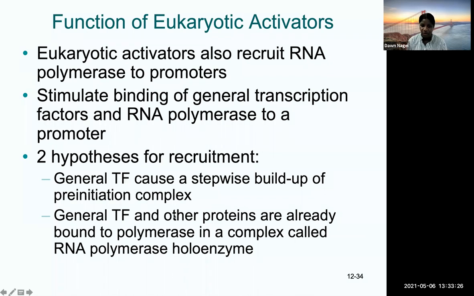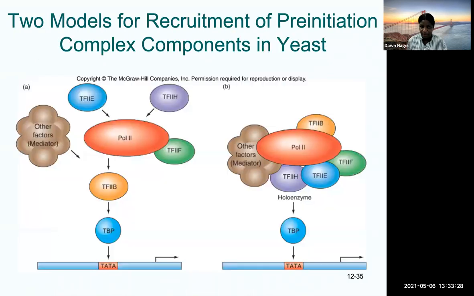Okay, so in the case of these eukaryotic transcription activators, we know that there's two models, and there's examples of both of these models. So there's no right or wrong way that these are assembled. It just depends on the promoter that you're looking at. So certain promoters have the assembly where you have the recruitment of the individual components that actually get there by these transcription activators.